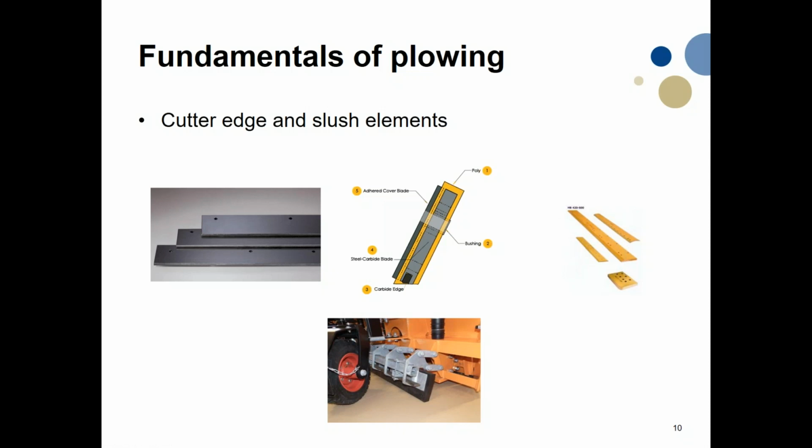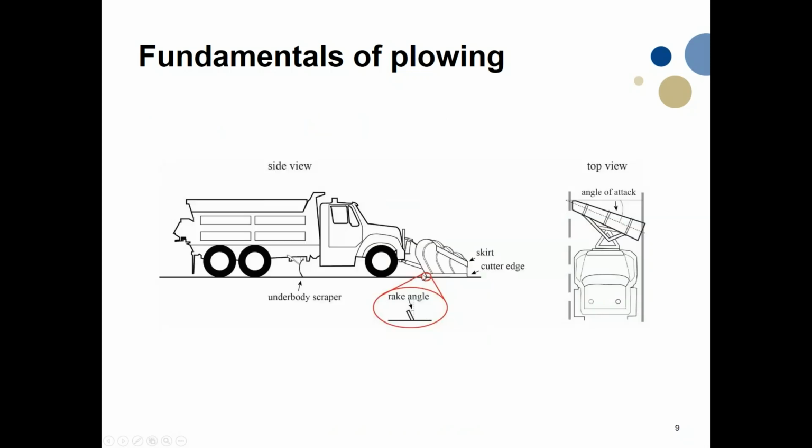In some plows, at least in Norway or in Scandinavia, this is very popular: on the back of the plow, so now we are on the back side, there is an extra element of rubber which you can push down on the road surface, and this is what we call slush elements. If we go back to this, it will be located in this area here, where you can see my point.